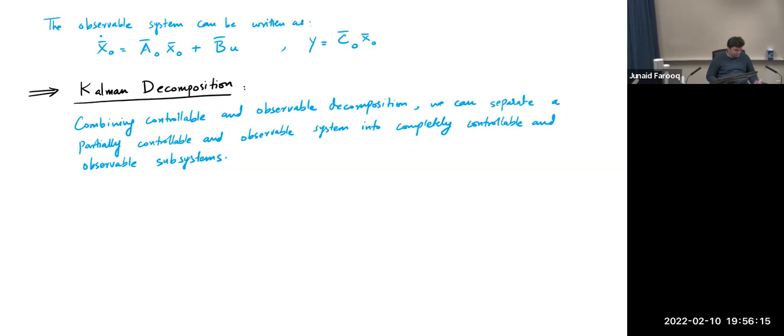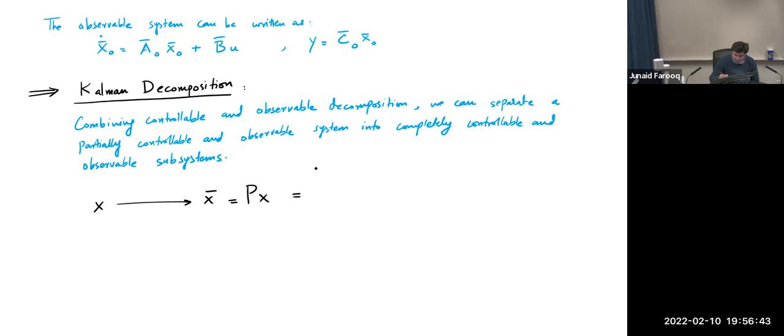I will just mention really what the transformation is and what it entails eventually. So if we had x, which is the original state vector, we can transform it into x bar equals Px.